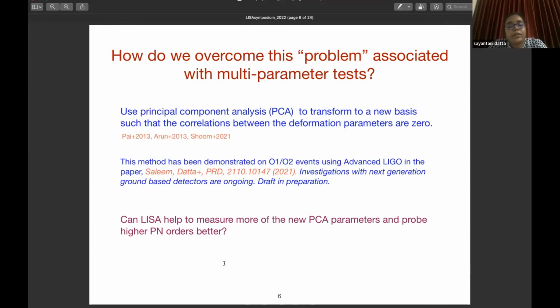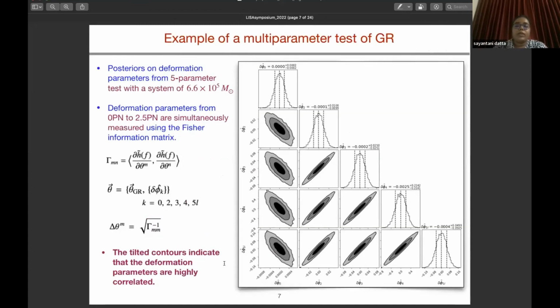But here we will see if LISA can help us to measure more of these new PCA parameters, and in turn can help probe higher PN orders better. The relation between measuring more of these new parameters and probing higher PN orders will be clear as I go forward into the talk.